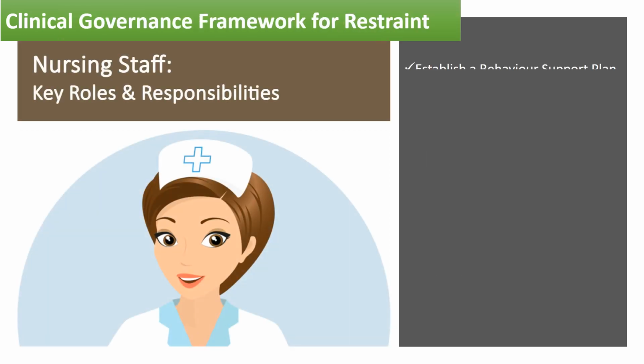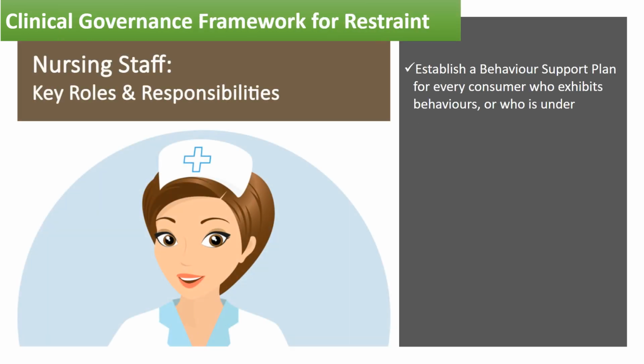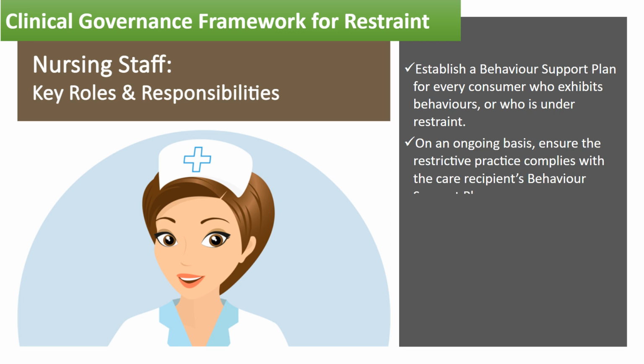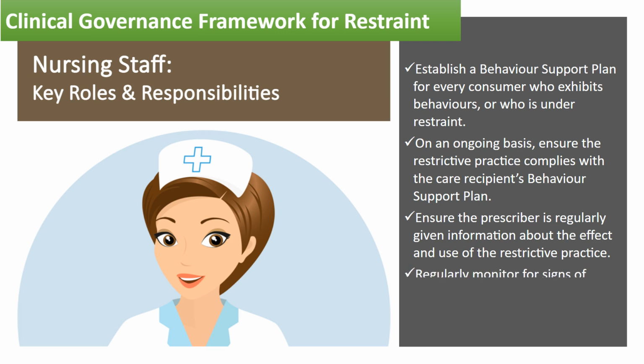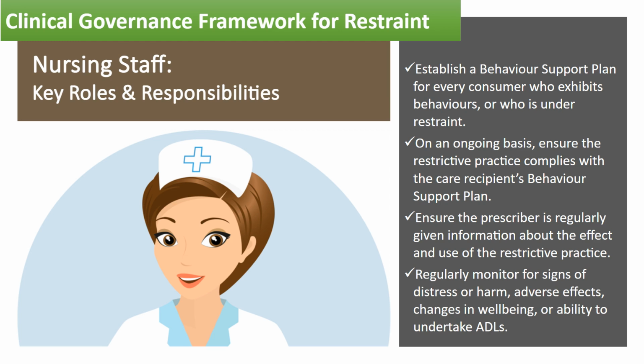So in terms of nursing staff, the roles and responsibilities there would be to establish a behavior support plan for every consumer who has behaviors of concern or who is under restraint, ensuring that the ongoing use of restrictive practices complies with the behavior support plan, and ensuring that the prescriber is given regular feedback as to the effectiveness of these measures, and regularly monitoring the patient for any signs of distress or harm.